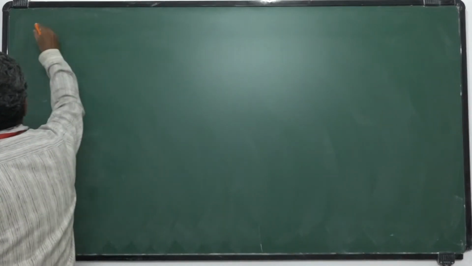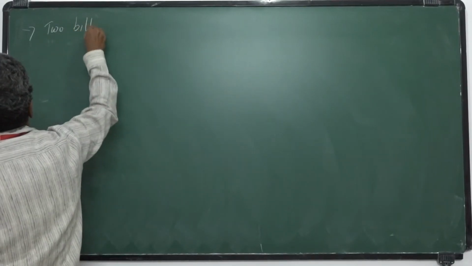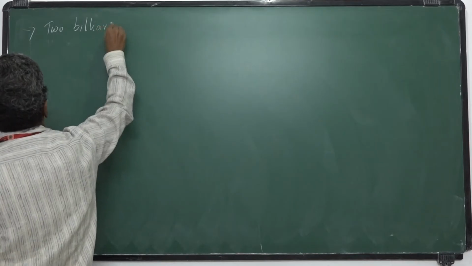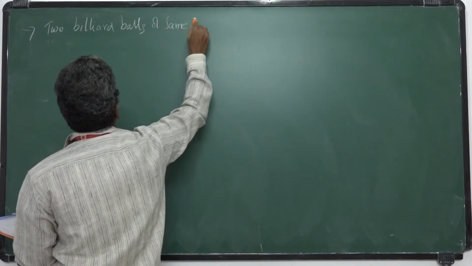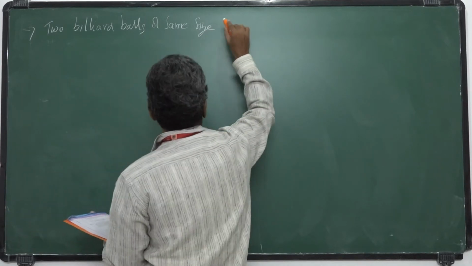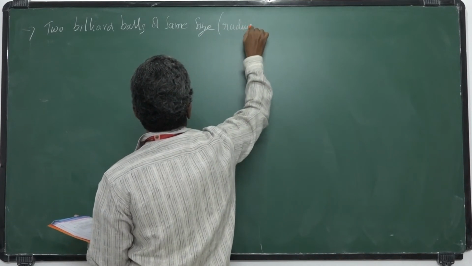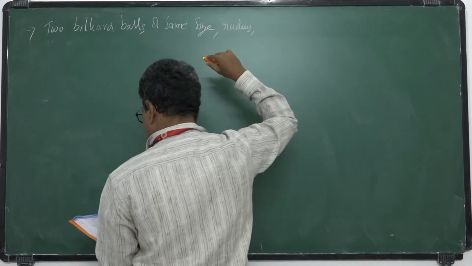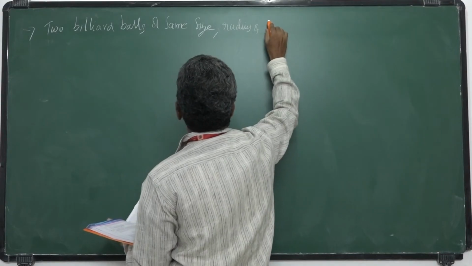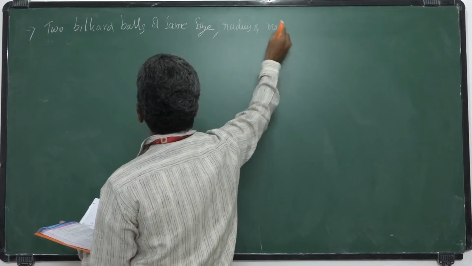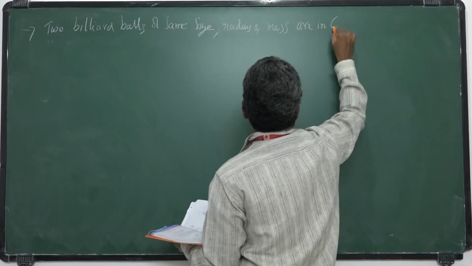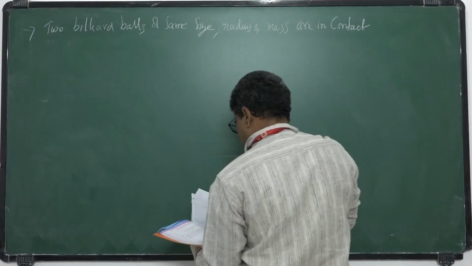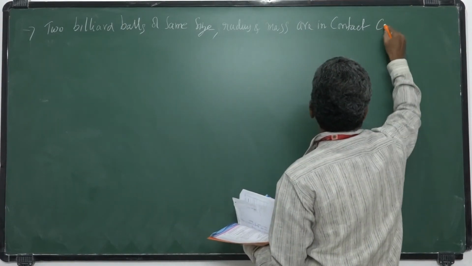Take this problem. Two billiard balls of the same size, radius, and same mass, so identical, are in contact on a billiards table.